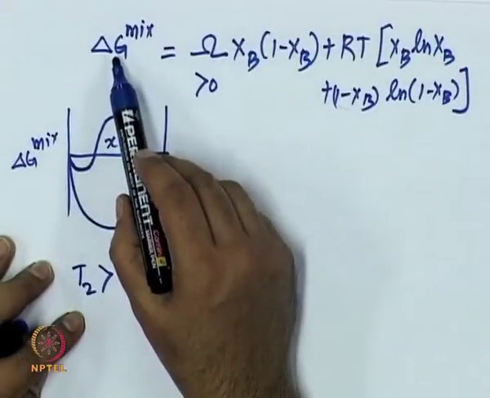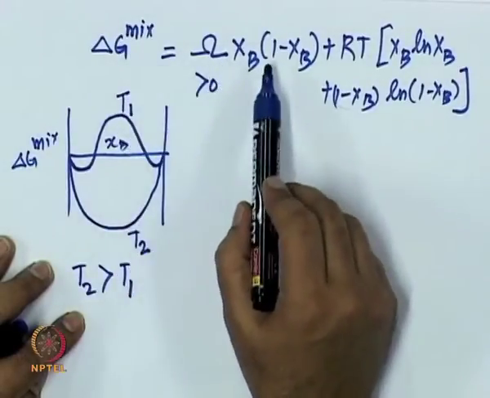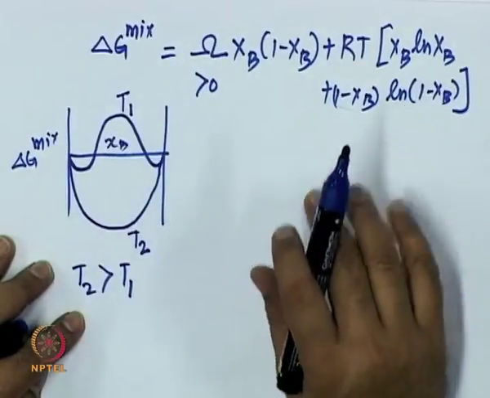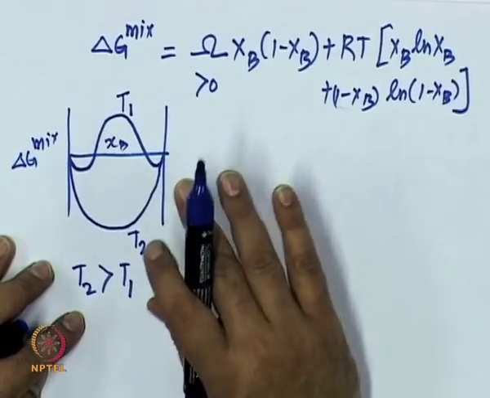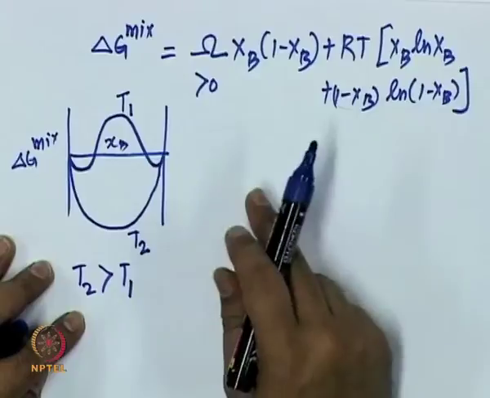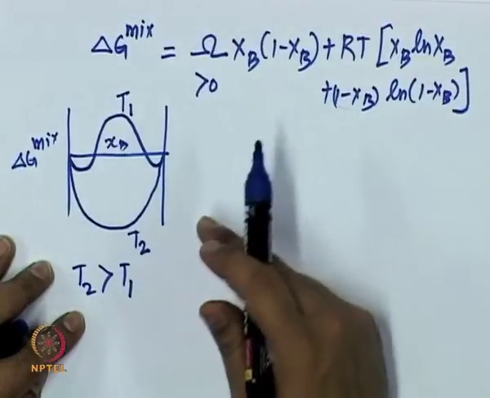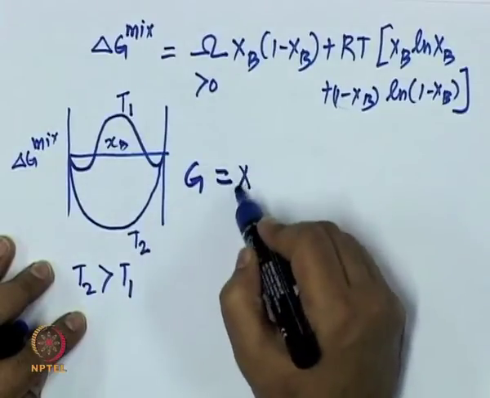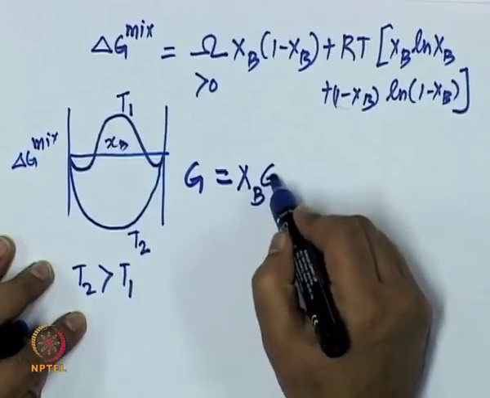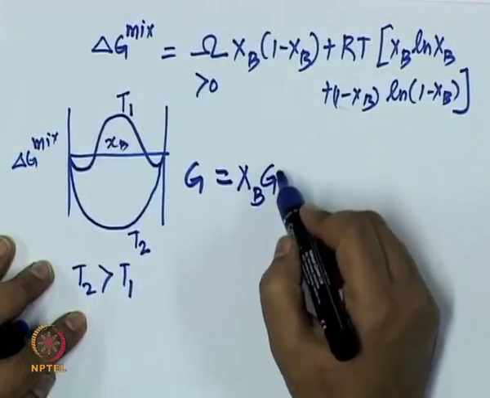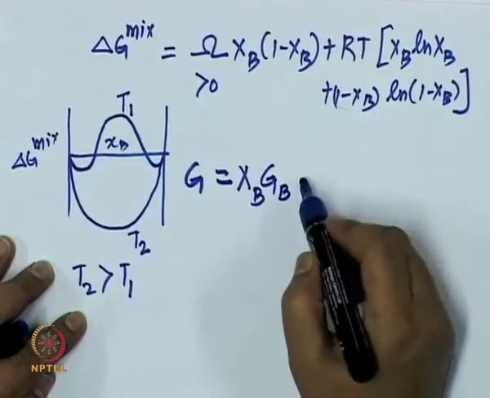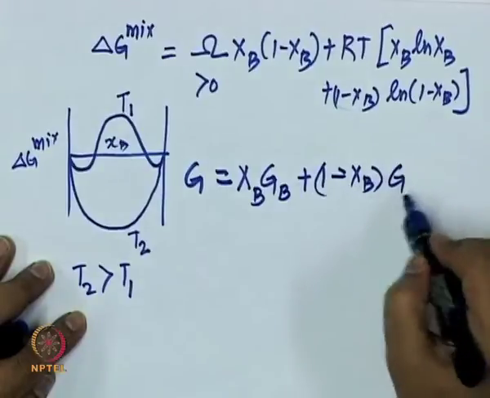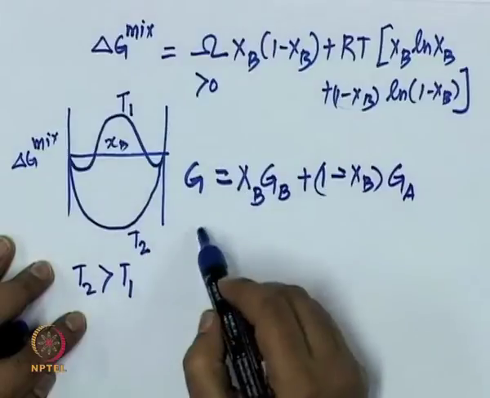So, this is what we were discussing. Now, delta G mix is nothing but the free energy of mixing. That is, if you had the pure A, pure B separately, you calculate their free energy, and then you calculate the free energy when they are put together in the lattice. You take the difference, this is the difference. So, if I want to know the free energy of the mix itself, then that is nothing but the total G is, suppose I have x b and the pure material B has a free energy per mole as G B plus x A, which is nothing but 1 minus x b times G A plus this delta G mix.